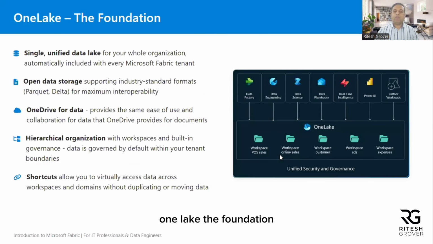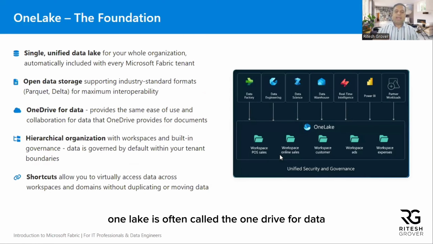OneLake, the foundation. OneLake is often called the OneDrive for data. It provides a single unified data lake that stores all your organizational data in one place. The best part is that it supports open data formats like Delta and Parquet, which means data can easily move across different services.